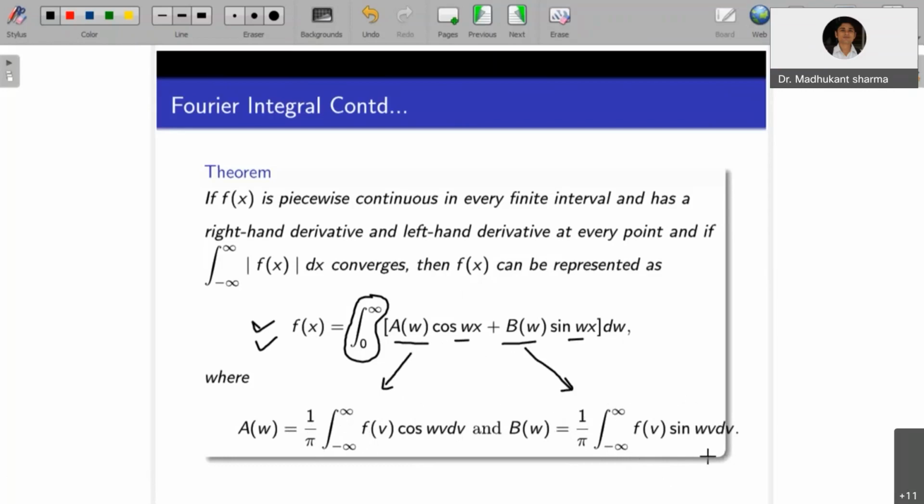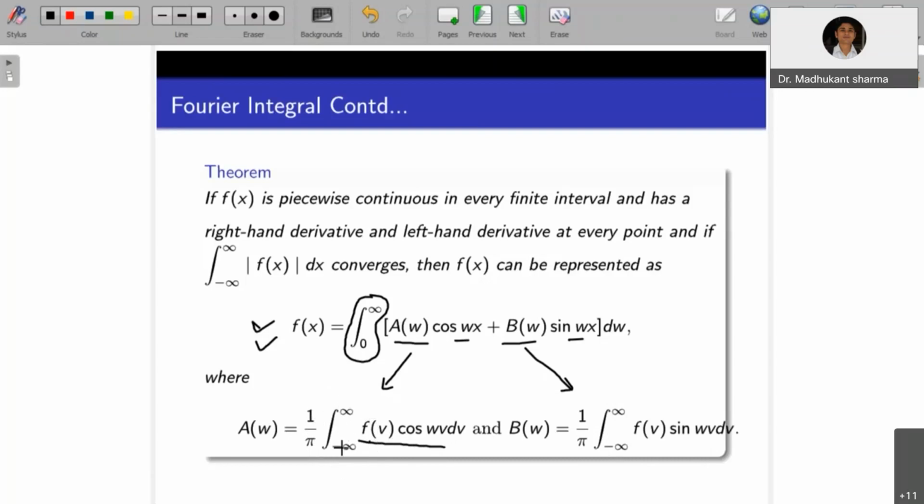Now we have discussed the Fourier sine integral and Fourier cosine integral representations. What have we done essentially here? If f is an odd function, and f is bounded, we have this integral, which is an improper integral, and it is not easy to deal with.